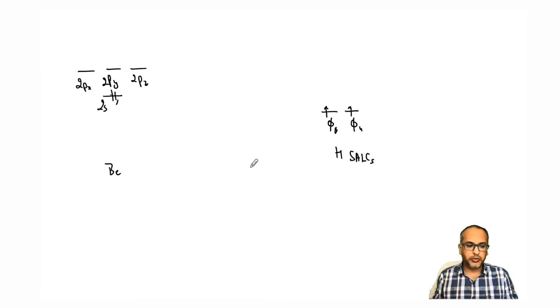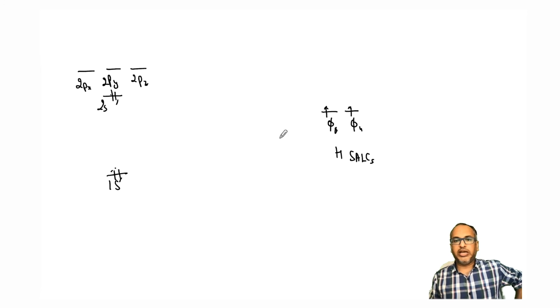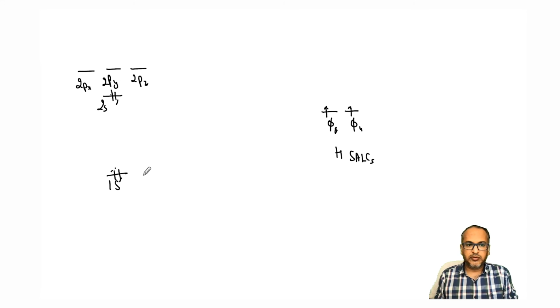So this will give rise to, and then you can also say that on beryllium, you also have one s orbital with two filled electrons, which will also be of sigma G plus, but depending on which compares in energy to phi G, the combination will take place. So this will typically remain as non-bonding. So you have sigma G plus. This is now for the BeH2 molecule.